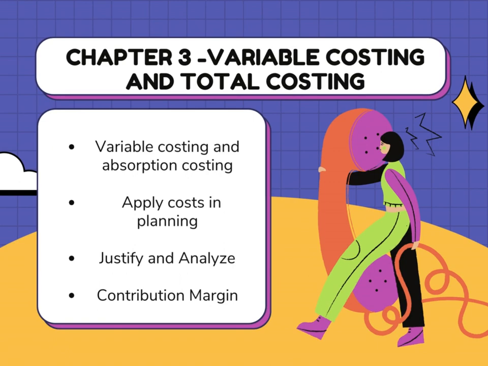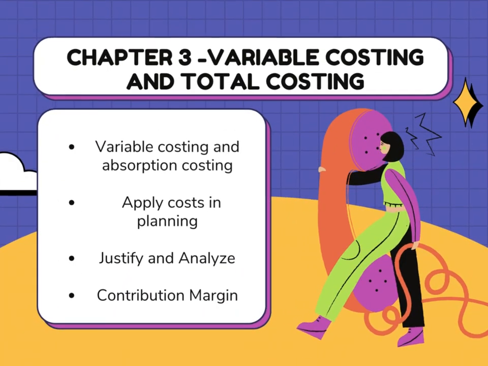Variable costing is often preferred for internal decision making, cost analysis, and management reporting because it allows for a clear understanding of cost behavior and its relationship to production and sales levels.